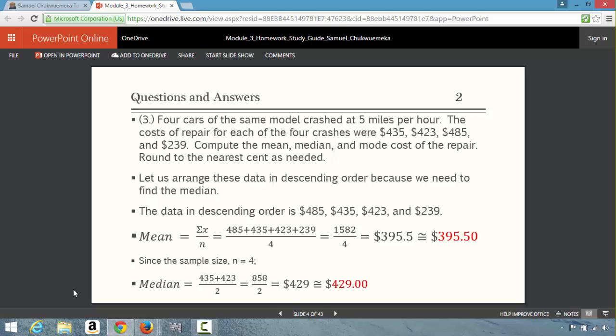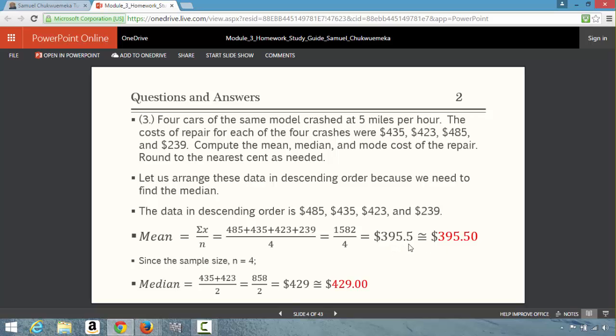But in this question, we are asked to find the mean, median, and mode. So the best thing for us to do first is to arrange this data in descending order. You can also arrange it in ascending order. To find the median, you arrange the data in either ascending or descending order. For the mean, you go ahead and calculate it.